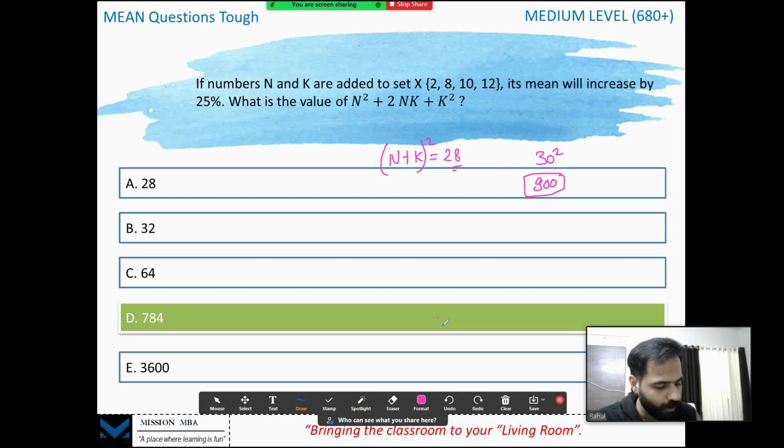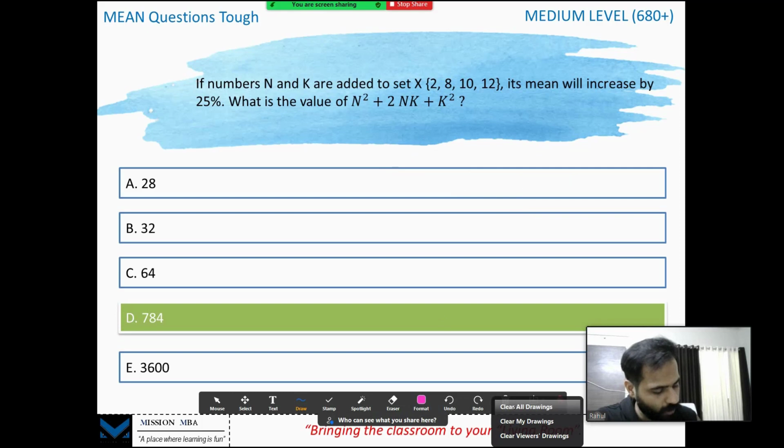Secondly, it is 28 square, so the last digit has to be 8 square, that is 4. So the number near 900 ending with 4, only one number, that is D, which is 784. If you do not know it, then also we have cracked it. I always say to my students, it's not just the question you take help of. You also take the help of the answer choices if you want to score Quant 51.